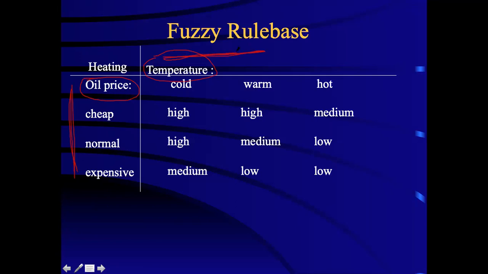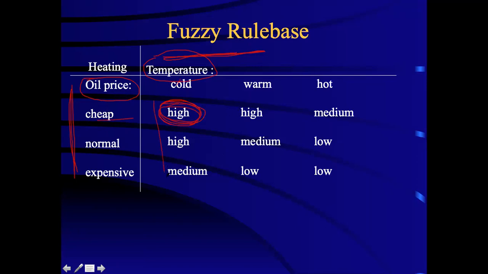And as we discussed in the previous slide, your rule maps oil prices and temperature to heating. So this table here is representing 9 different rules. And what is the first rule? The first rule is that if the temperature is cold and the oil prices are cheap, then heating is high, right?